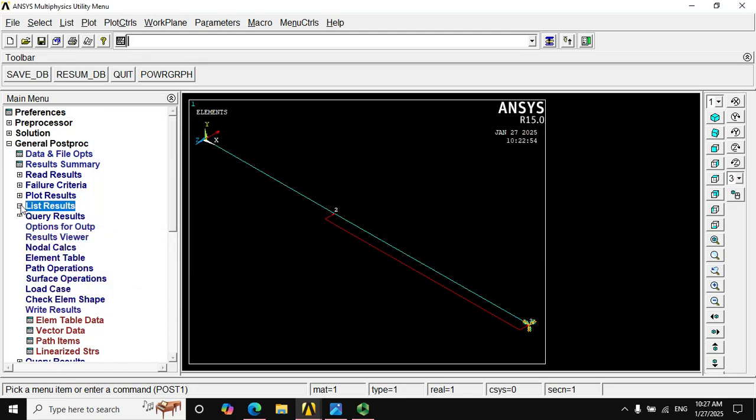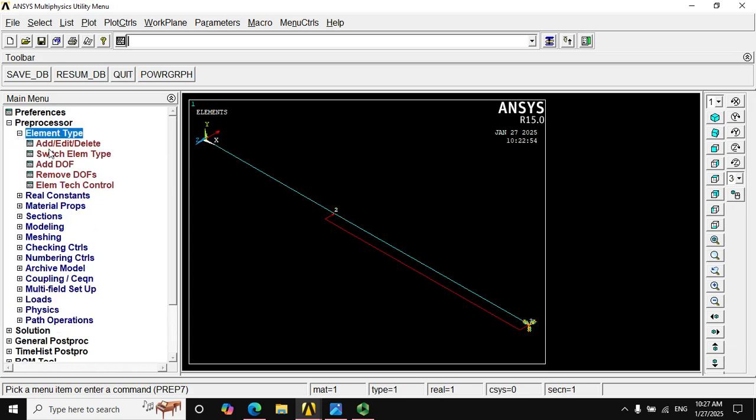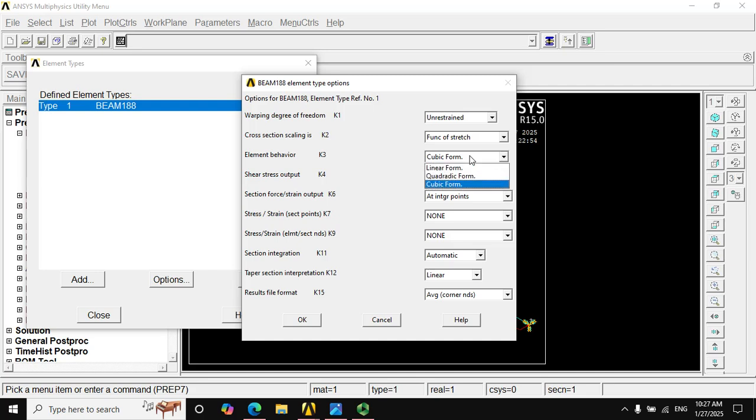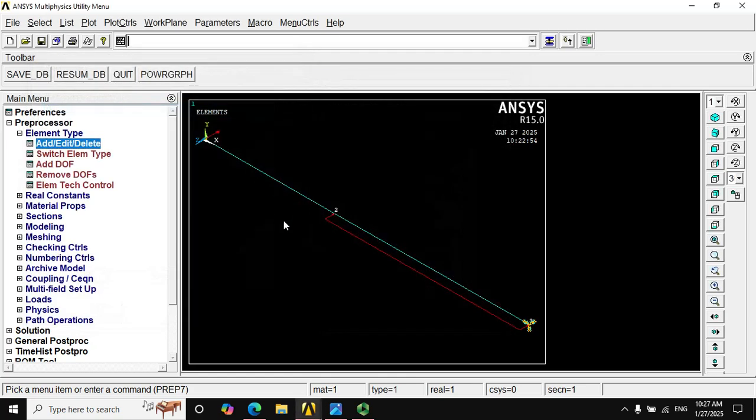So one thing I want to mention is, if you're using just 2 elements to model this, it's very important to change the shape function to cubic. If you leave it at linear or quadratic, that's going to introduce error, because the linear shape function with the number of elements we have is not going to be enough.